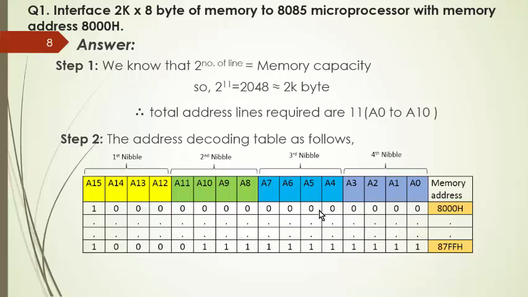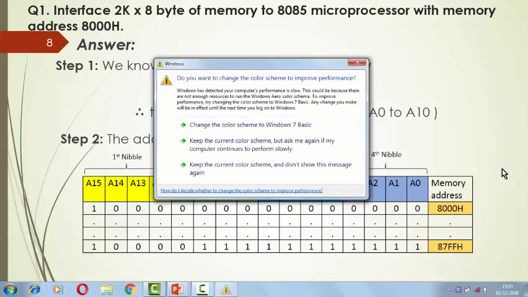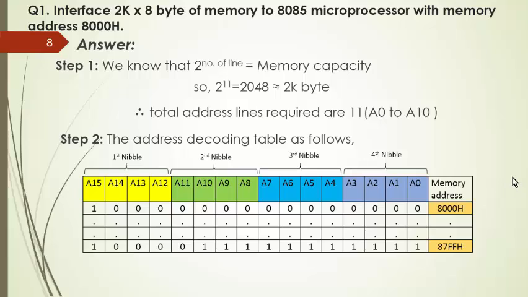Then in the remaining locations you have to write 0, because the address is given as 8000, so everywhere you get 0000. This is the initial address as per the question.